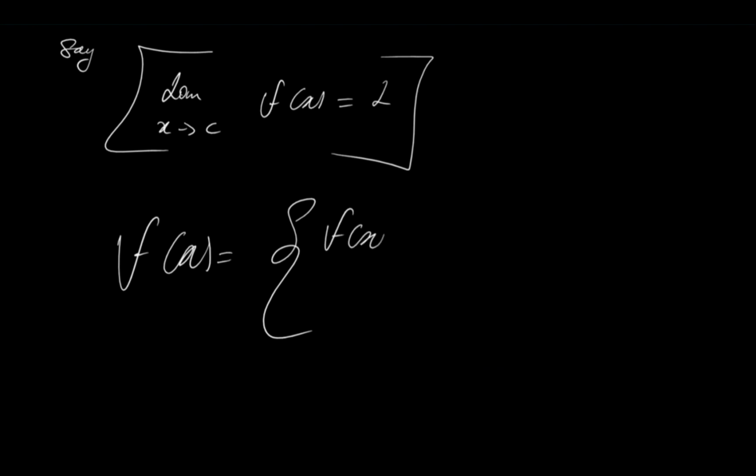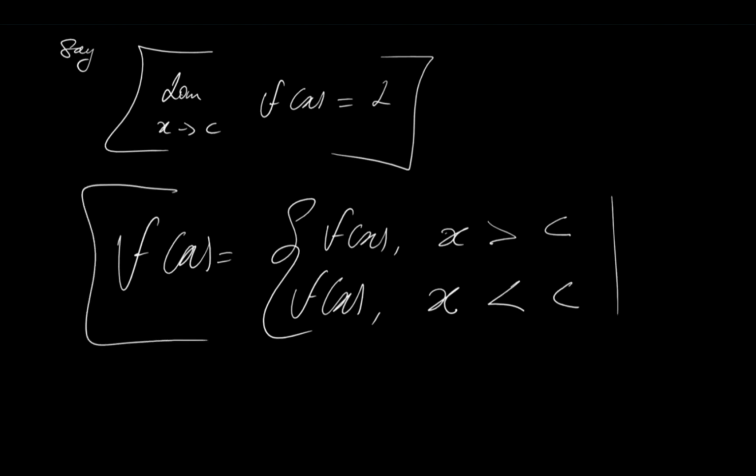Say you have f of x, which is the first function, and this function is of the condition that x should be greater than c. Then you have another function f of x, which is of the condition that x should be less than c. So now, what you're having here is what we're calling the piecewise function.